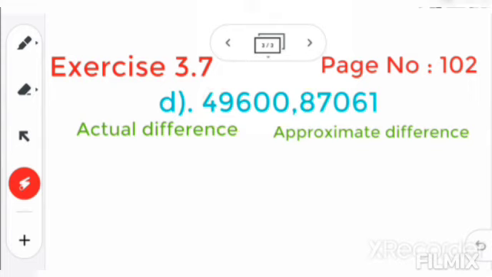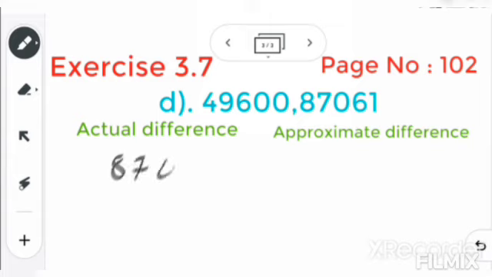As I have told you, you write the bigger number first. So that's why I was telling you before also, be careful when you arrange the numbers. So this is a bigger number, so you will write this bigger number first. So I will arrange this number under the actual difference. Actual difference is here. Under this I am going to arrange. So first I will arrange the bigger number, so that is 87,061.